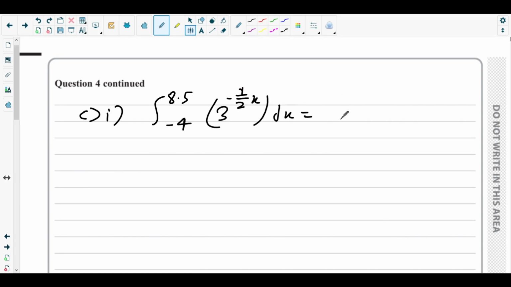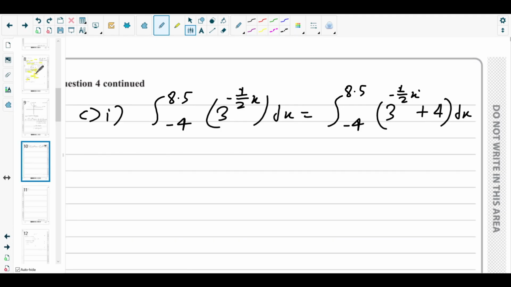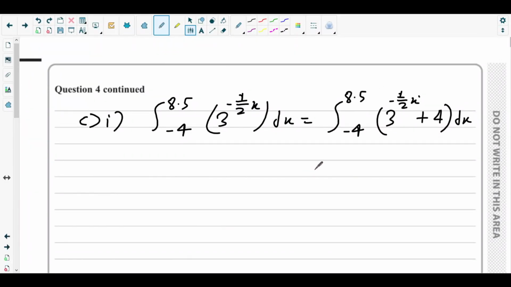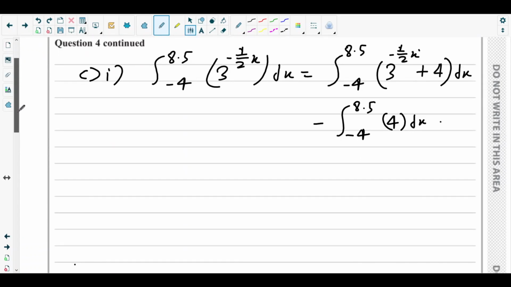It can be written as the integration from -4 to 8.5 of 3 to the power of negative half of x plus 4 dx, which is the equation in part B. If we subtract the integration from -4 to 8.5 of 4 dx, we get the answer, because we need just 3 to the power of negative half of x, but here plus 4 is the extra, so we simply subtract it.